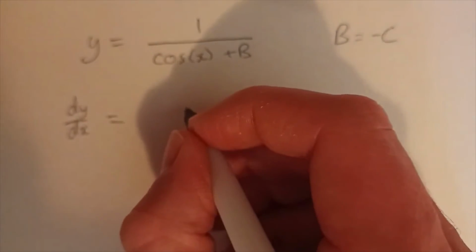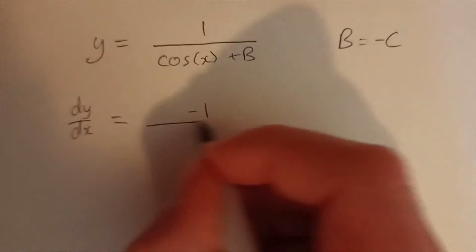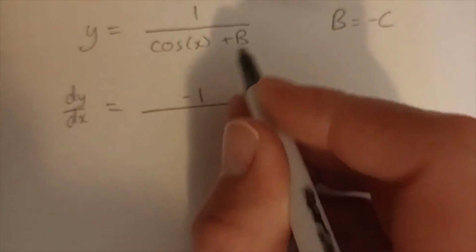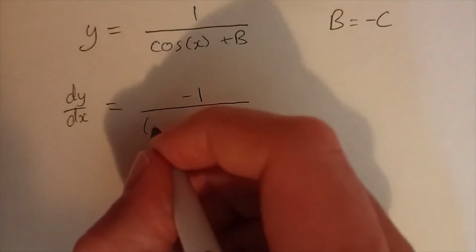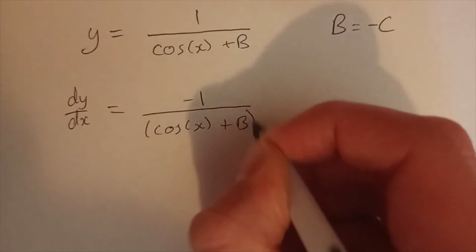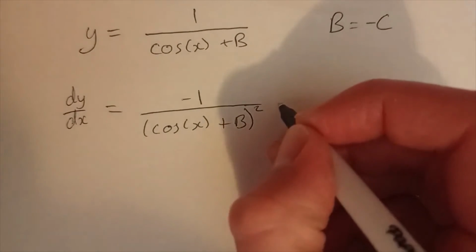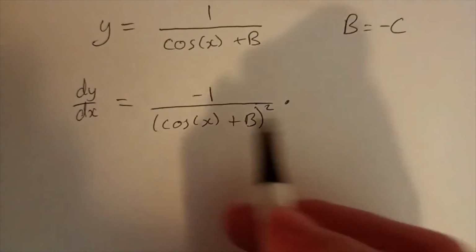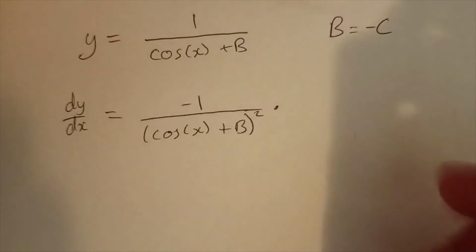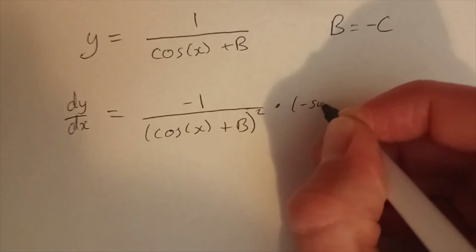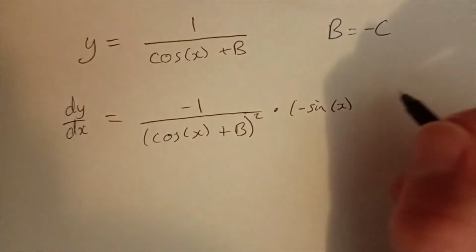And that will give us negative 1 over the square of this denominator, times the derivative of the denominator, which will be negative sine of x.